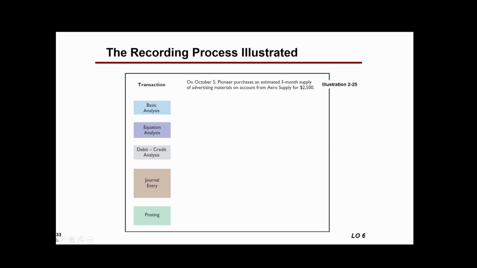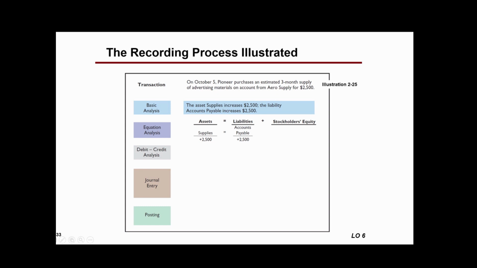When they say on account, it's accounts payable. If they are providing services and they don't receive cash, they perform services on account, that will be accounts receivable. In this case, it's accounts payable. And the other account is? Yes? The asset. Which asset? Supplies. So we know that supplies have increased by 2,500, and the liability accounts payable also increased by 2,500.